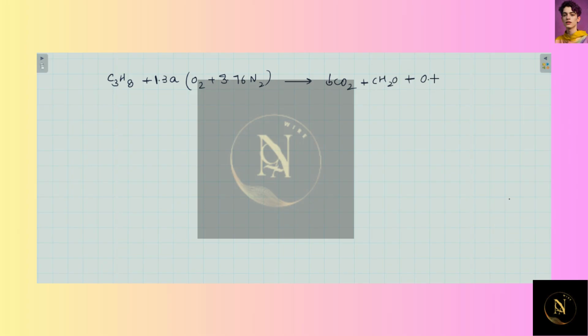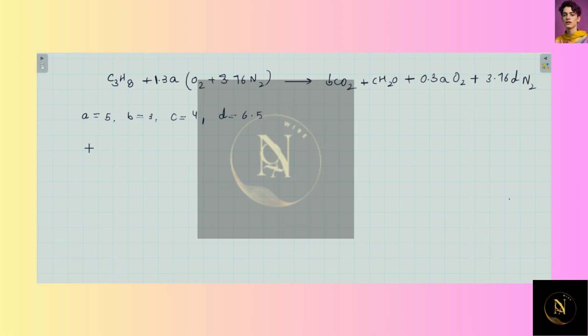So here there is 30% excess air that we have assumed, plus 3.76 D nitrogen. When we solve this and do the analysis of the components, we get the coefficients as A equals 5, B equals 3, C equals 4, and D equals 6.5.